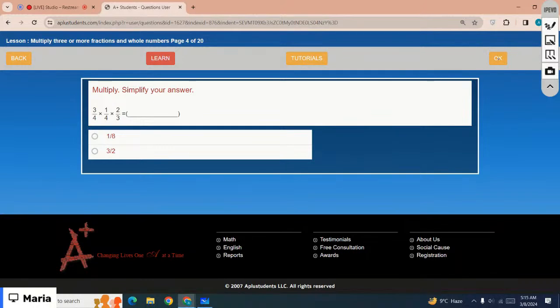3 by 4 times 1 by 4 times 2 over 3. So which is the correct option?